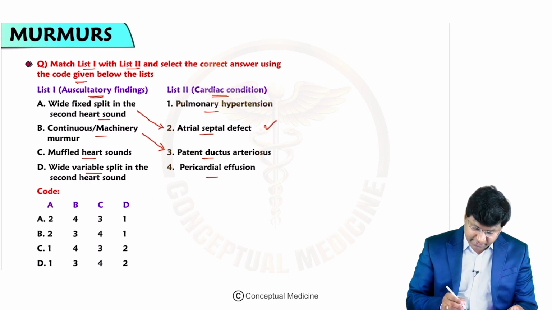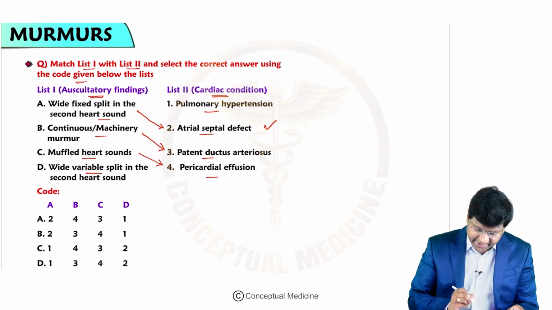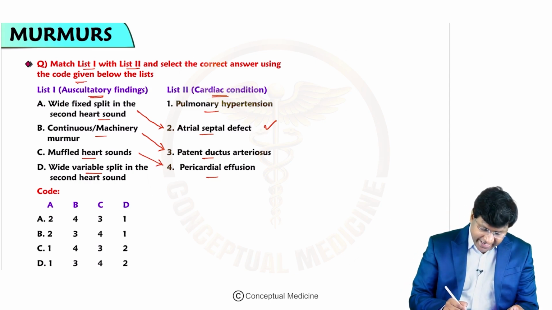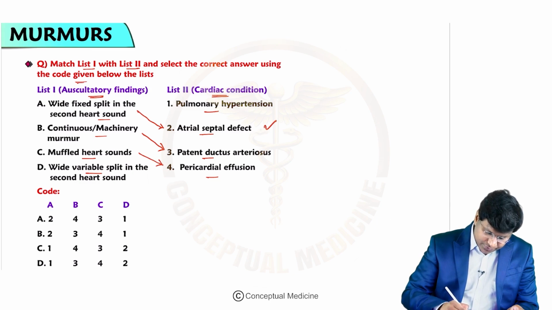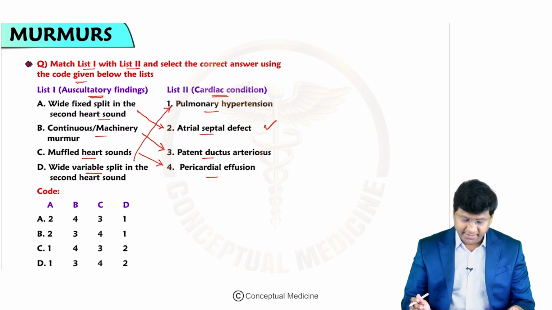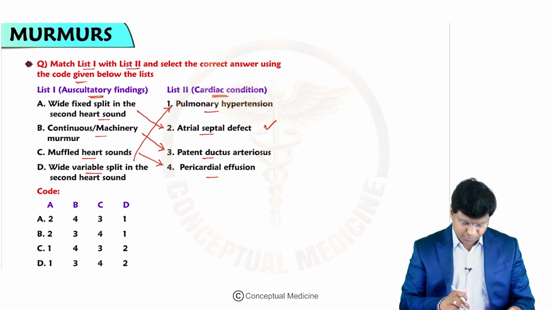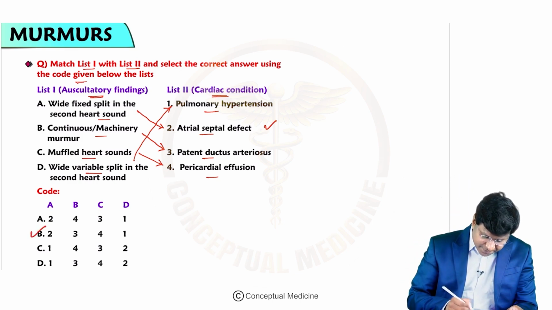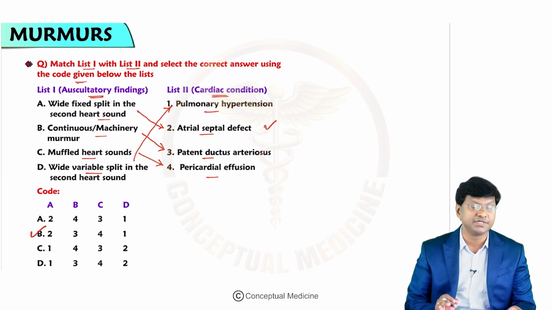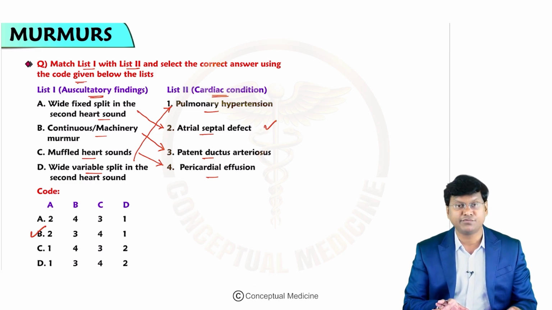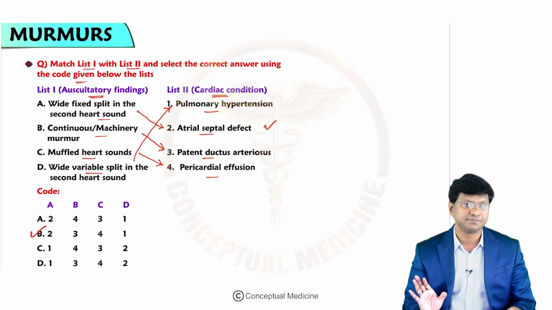Muffled heart sounds, you will have that in pericardial effusion, right? C is connected to 4. Wide variable split in second heart sound, you will have that in patients with pulmonary hypertension. So if you see the options here, the correct option is B, right? So you will have these types of match the following questions in the upcoming exams, right?